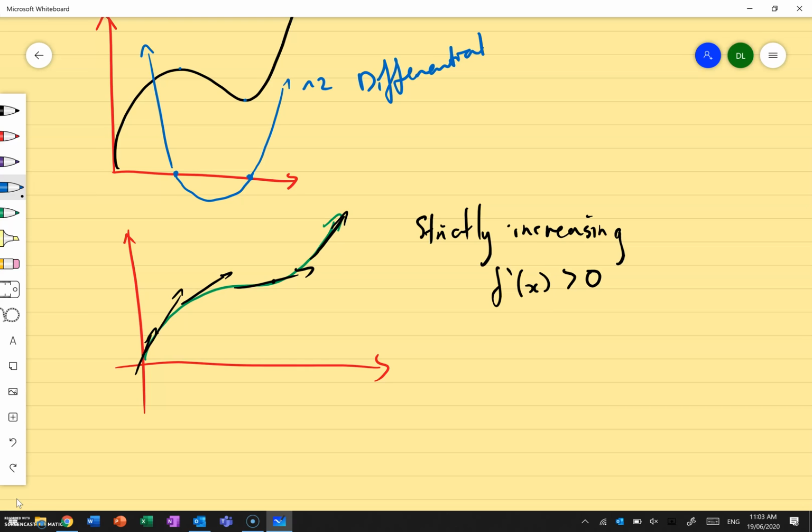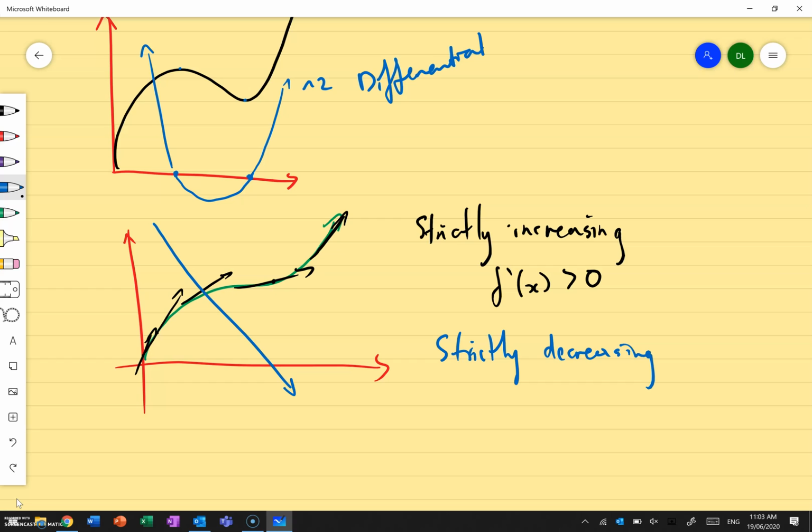So if I was to draw a function that looks like this, now let's assume that's a straight line, it's strictly decreasing. Apologies for my terrible handwriting. It's strictly decreasing because for all values of x, the gradient of that function is going to be negative. Does that make sense?